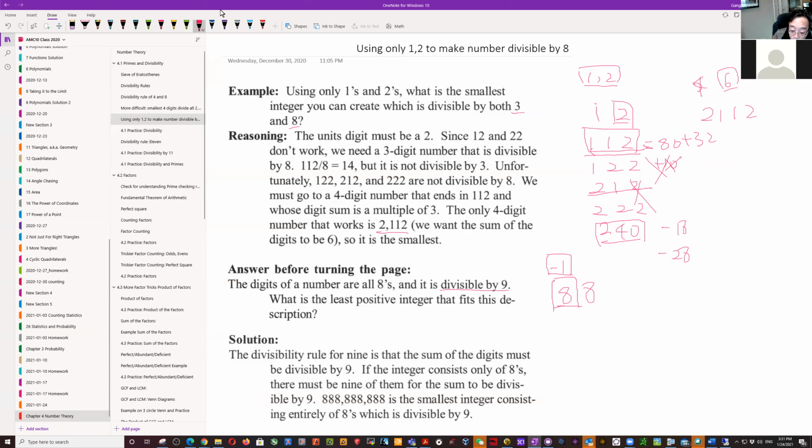So when you add more 8s, it takes 9 of the 8s to add the -1 all the way to -9. So that will make it divisible.